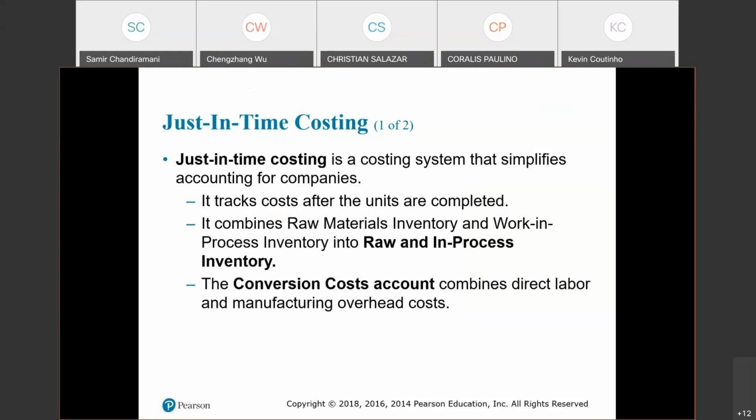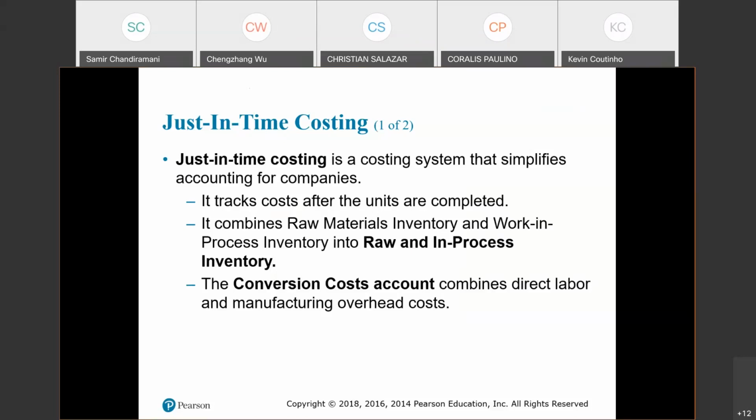Third, under the JIT philosophy, workers perform many tasks. Most companies using JIT combine direct labor and manufacturing overhead costs into a single account called conversion cost.